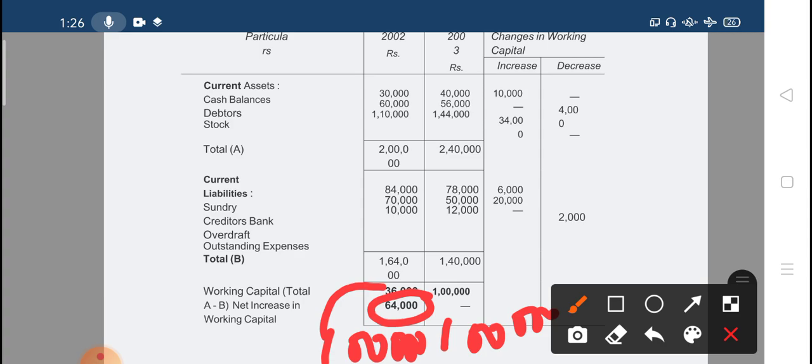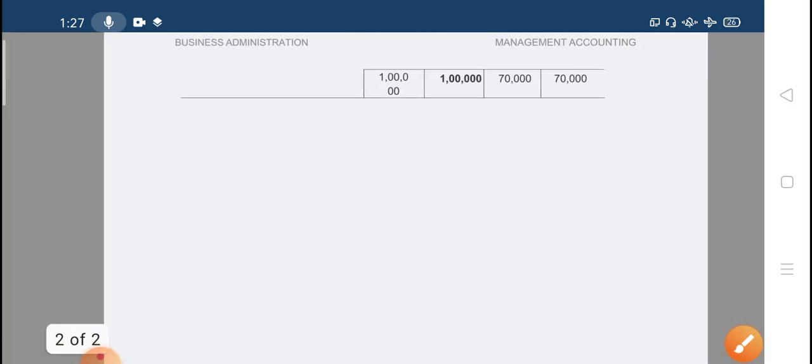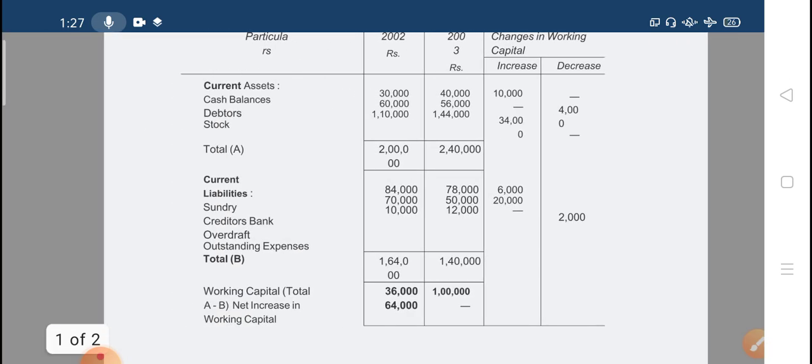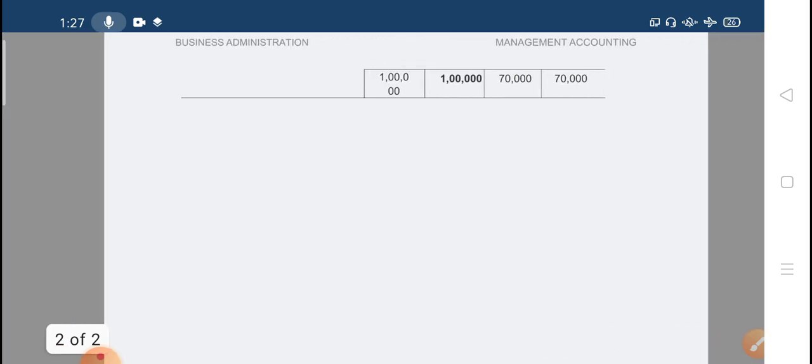It can be written as an increase in working capital, since the balance came in the first column, and here it comes in the last column, the decrease column. That is on the next page. So 1 lakh, 1 lakh. The balance is 70,000 and 70,000. The difference will be the same, 64,000 of balance.